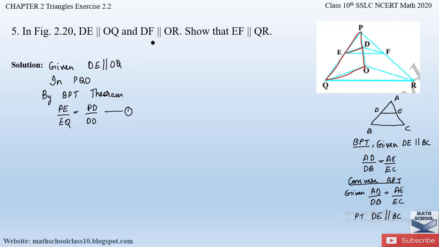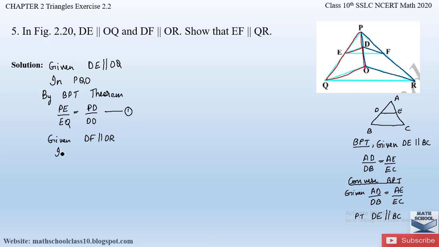Now similarly, the other condition that is given is DF parallel to OR. So write down, given DF parallel to OR. Here this is the line DF which is parallel to one of the sides of the triangle, OR. So we have to consider the triangle POR.